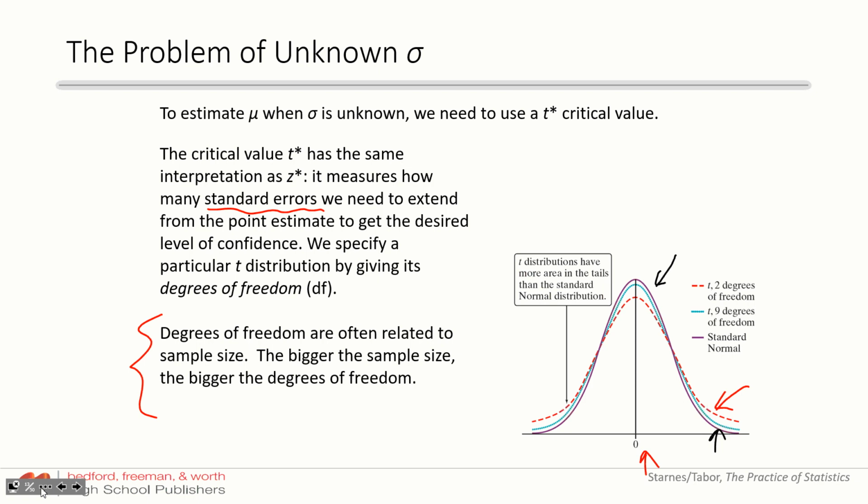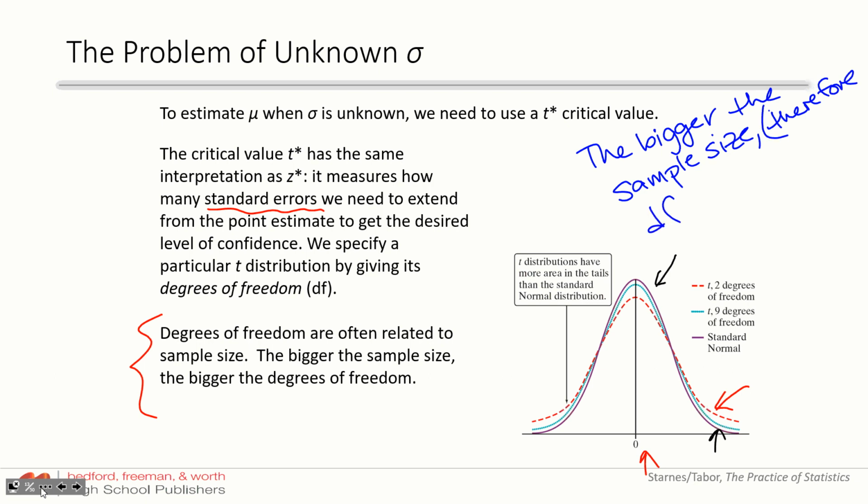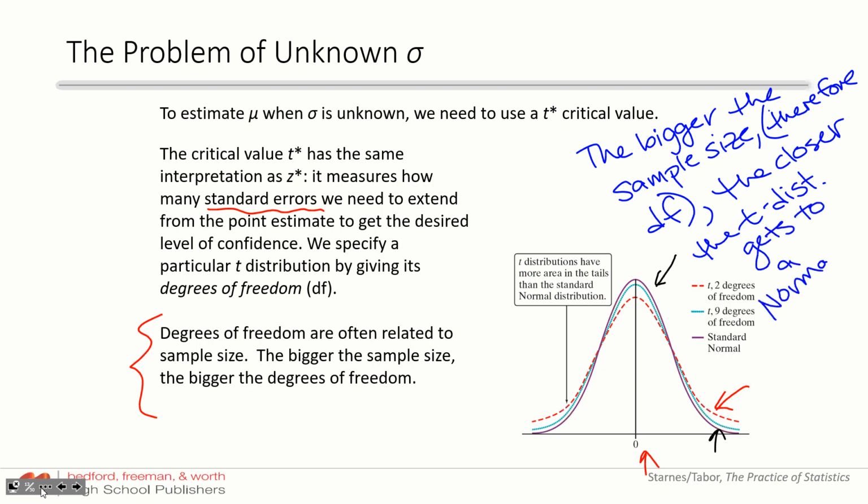So what I'm trying to tell you is, I'll write this down: the bigger the sample size, and therefore the bigger the degrees of freedom, the closer the T distribution gets to a normal distribution.